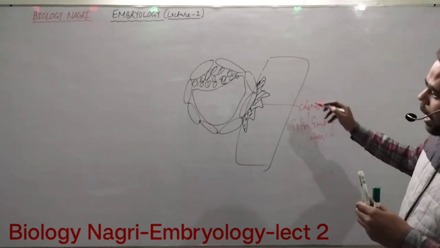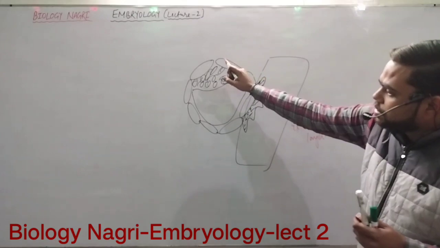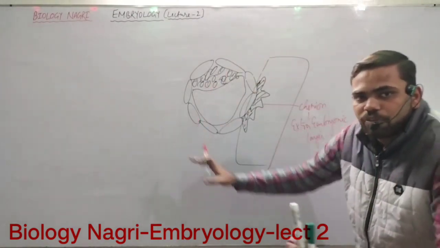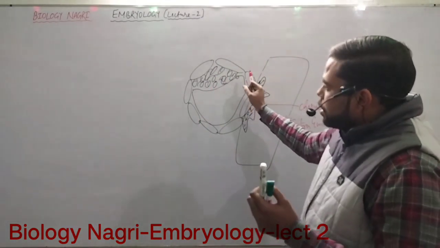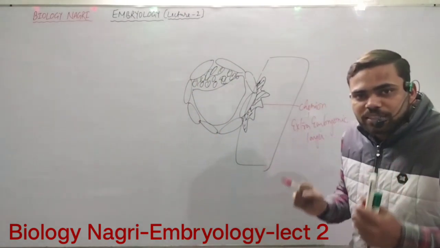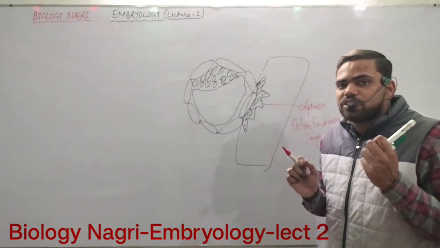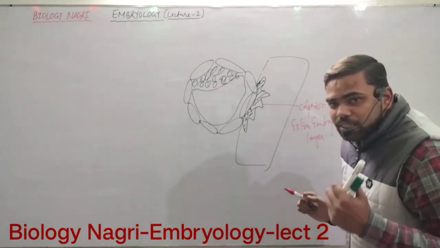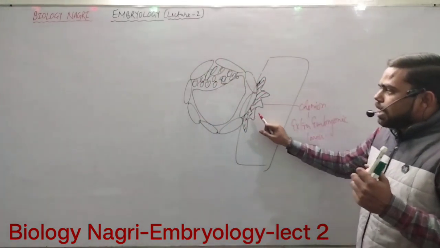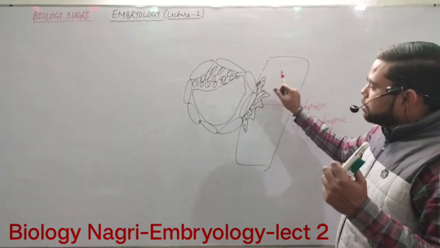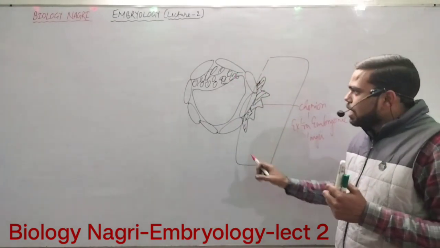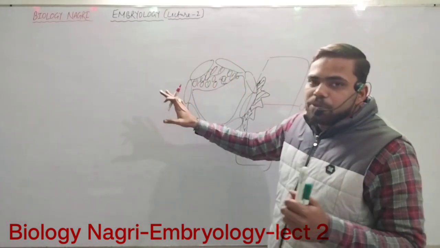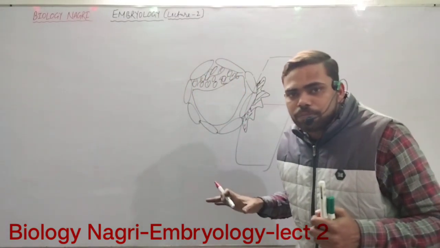We know that the outer cell mass, I am talking about the trophoblast cell, contributes to the formation of the placenta. We have already read this in lecture number 1 of embryology, and I am repeating it, beta. It is very important that the outer cell mass, the trophoblast cell, contributes to the formation of the human placenta, and the inner cell mass contributes to the development of the embryo.